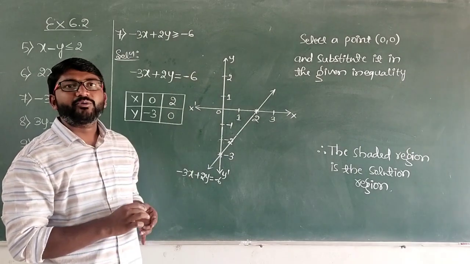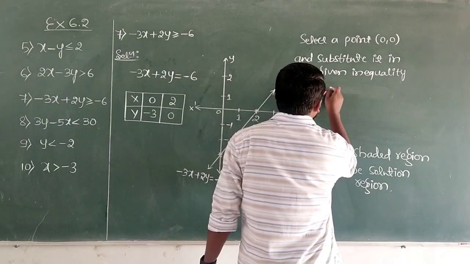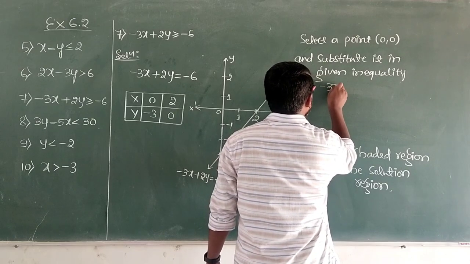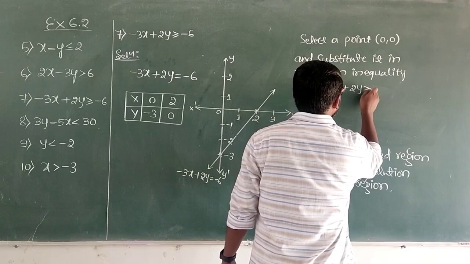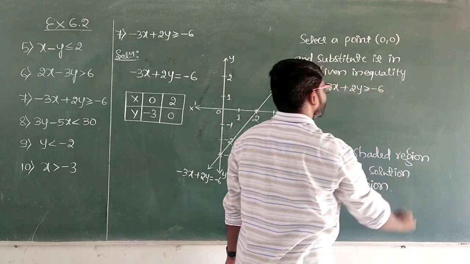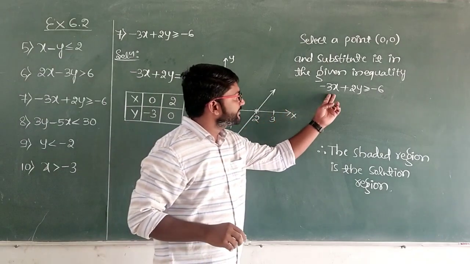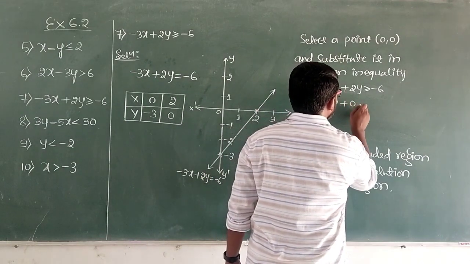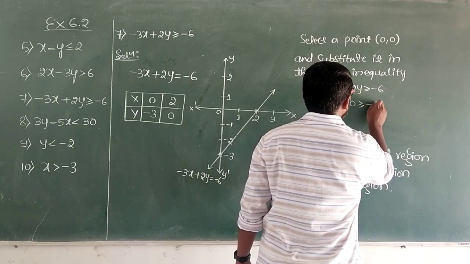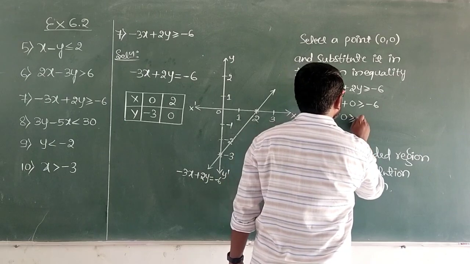We have to select the point 0 comma 0 and substitute it in the given inequality. Consider the inequality here, minus 3x plus 2y greater than or equal to minus 6. Both x and y are 0 now, so these two become 0. So 0 plus 0 is 0, greater than or equal to minus 6.